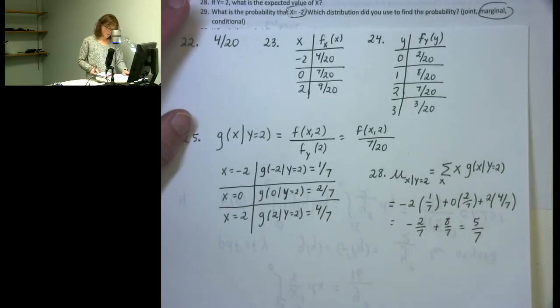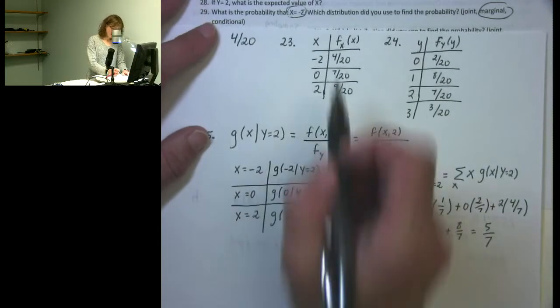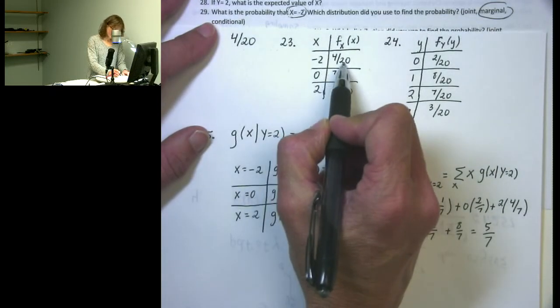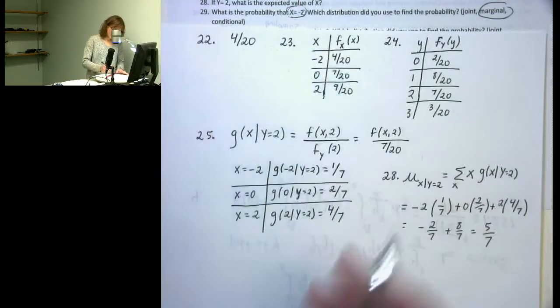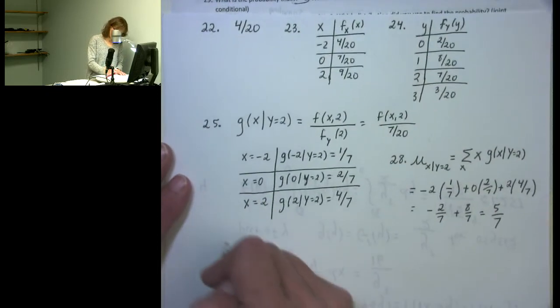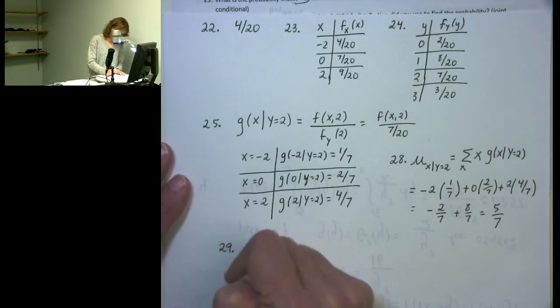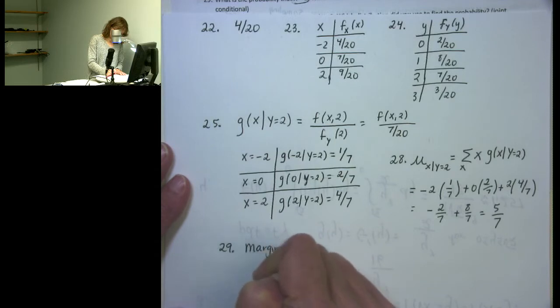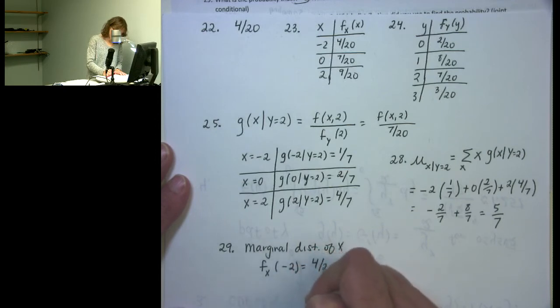So the marginal distribution of x tells me that the probability that x is equal to negative 2 is 4/20. So for 29, f sub x of negative 2 is 4/20.